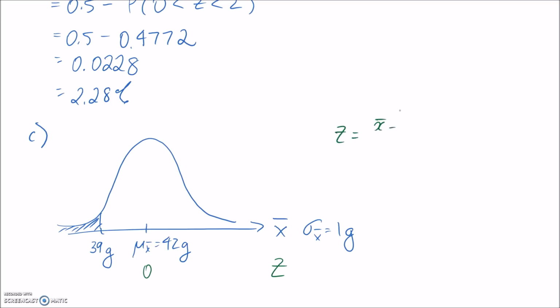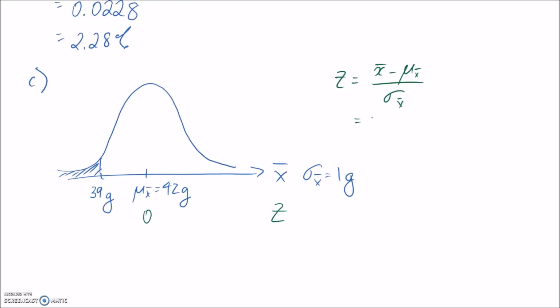Again, using our slightly modified version of the equation, like so. So x bar this time, that's the mean of 39 across our 4 bags, minus 42, over 1. So that's going to end up being -3 on 1, which is the same as -3.